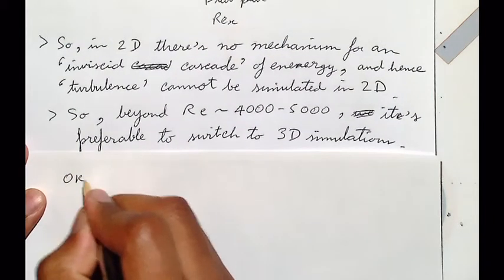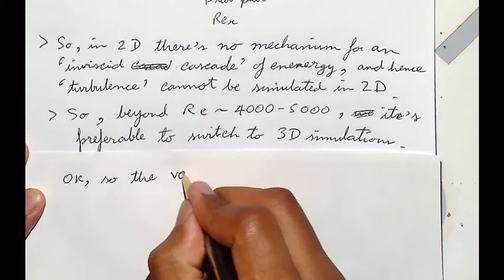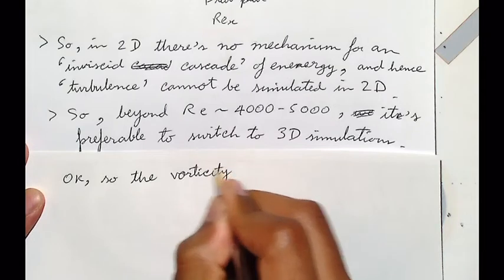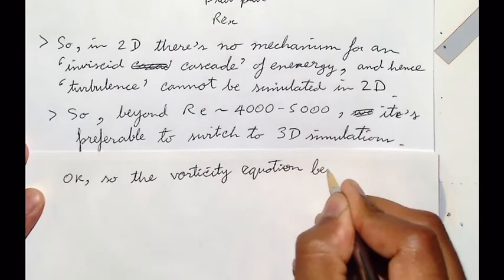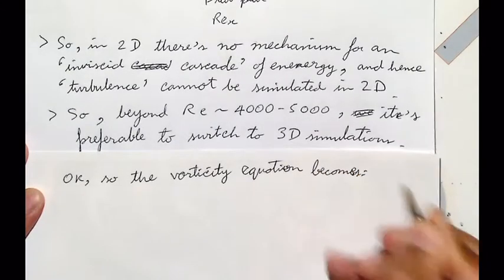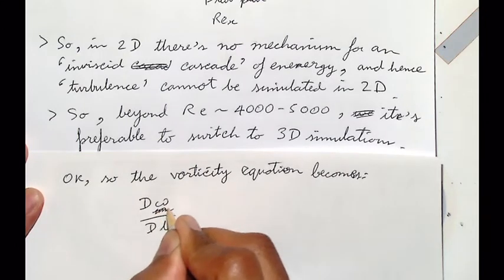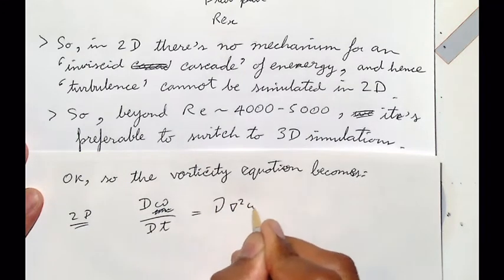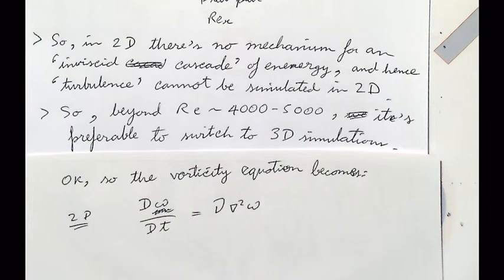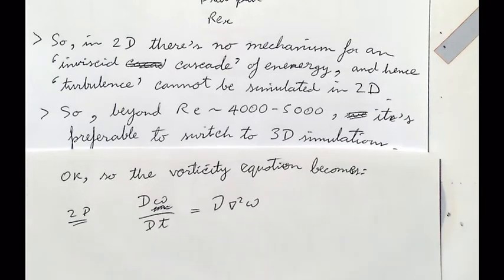So the vorticity equation becomes d omega by dt equals nu Laplacian squared omega. See, again, very clean, very compact. There would be a third term, the vortex stretching term, but we're only talking about 2D.